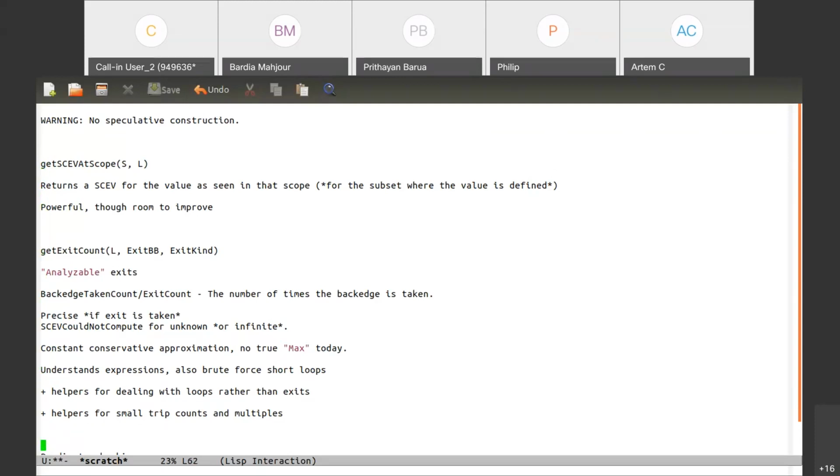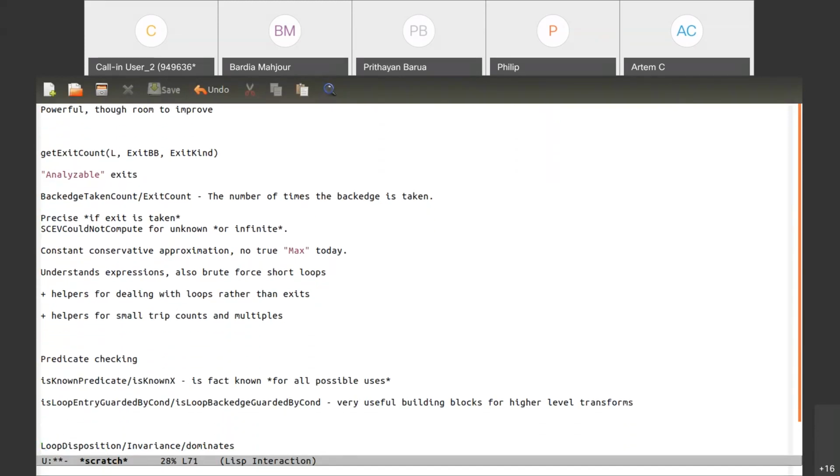The next major class of infrastructure, which, to be honest, we underuse, is that SCEV has the ability to reason about the exit count of particular loop exits, and as a result, for many loops with either singular or multiple exits.